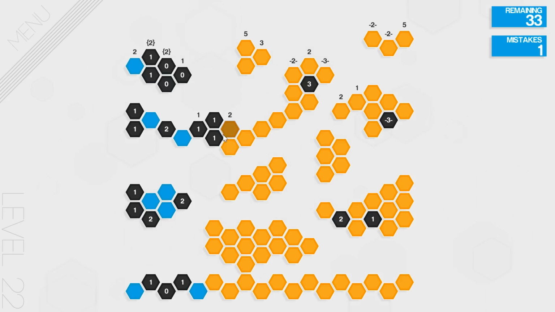Let's see, this one's got 2 in this column. How can I move any further here? 3 could be anything as far as this. These columns are too tall for any of that to work.